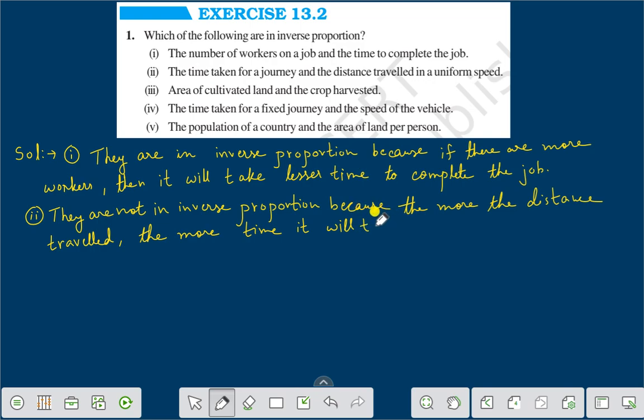Therefore, this is not an inverse proportion, right? The more the distance traveled, the more time it will take. Therefore, it is a direct proportion.